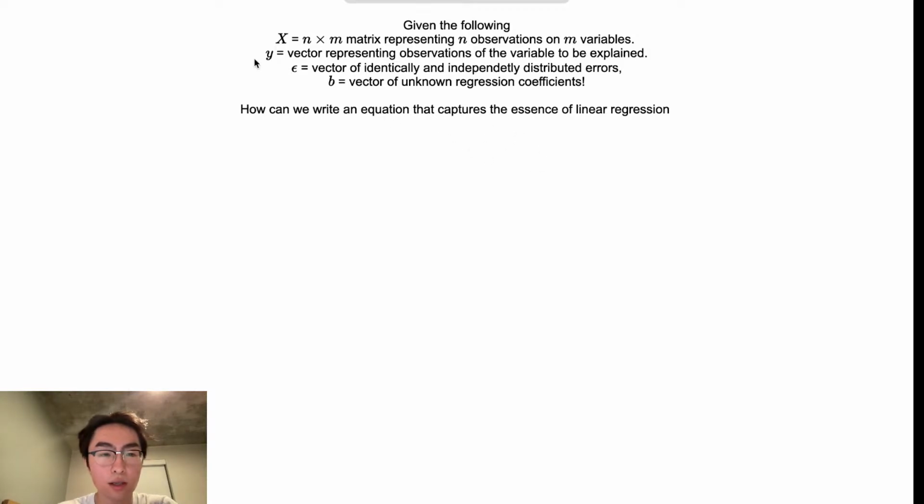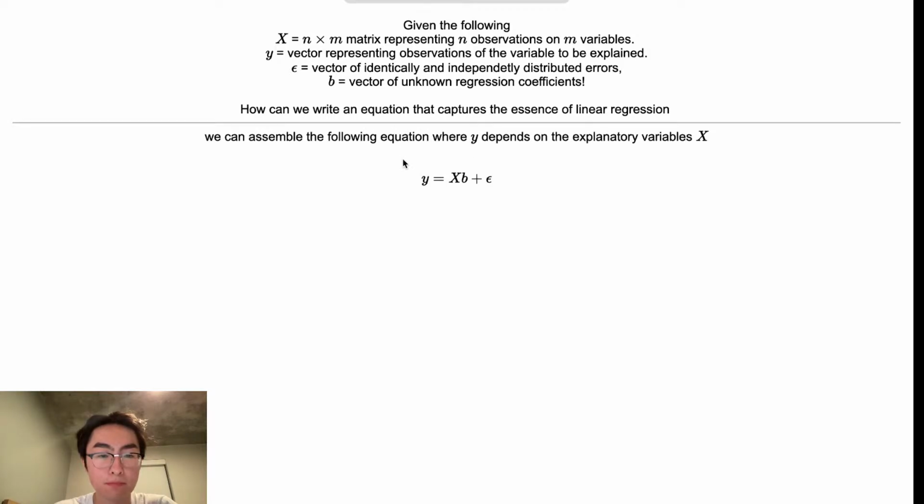So I think we could say that the vector representing observations of the variable to be explained is equal to the matrix vector product of A and B, and we add some error E.